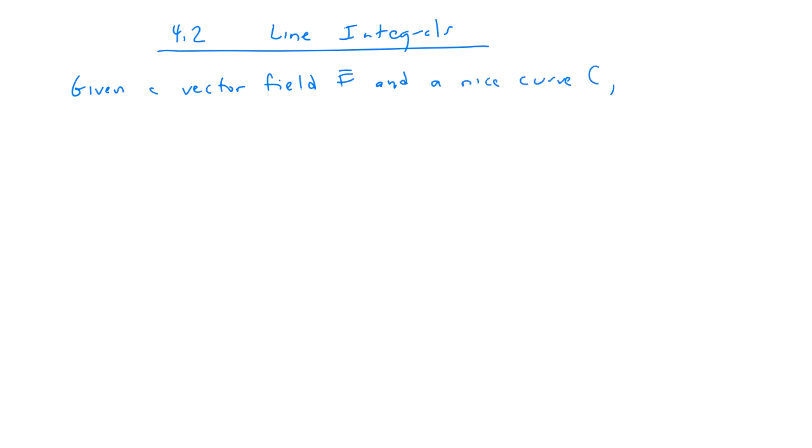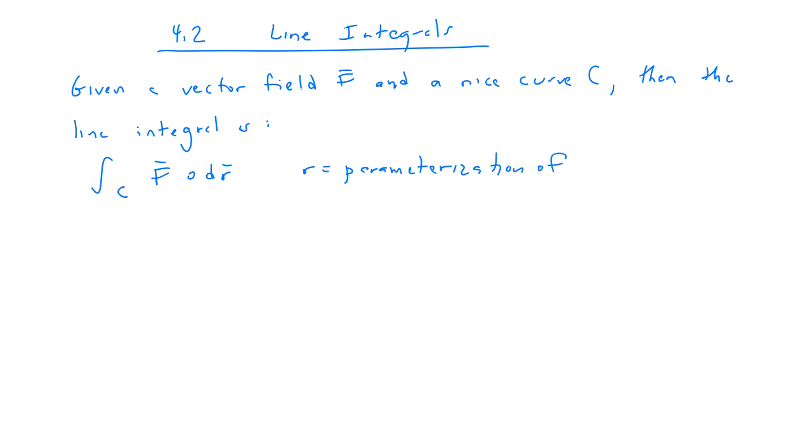So given a vector field and a fairly nice curve, is written this way, integral over C, so we're back to a single integral, of F dotted with dr. In some ways I'm going to wait until we actually do an example, because with the example you can more explicitly see what this is giving us.